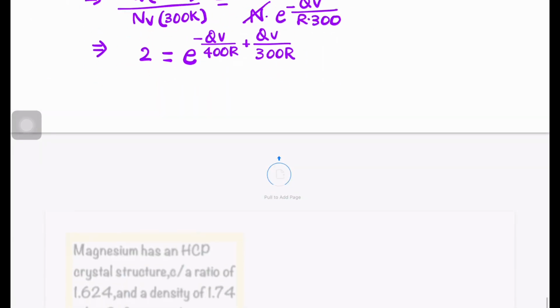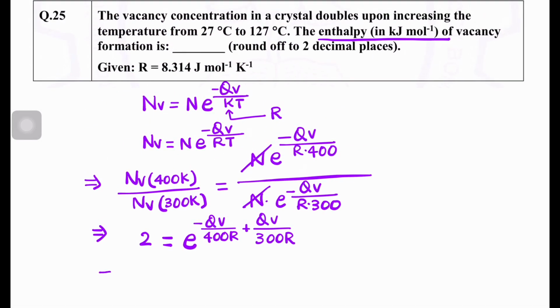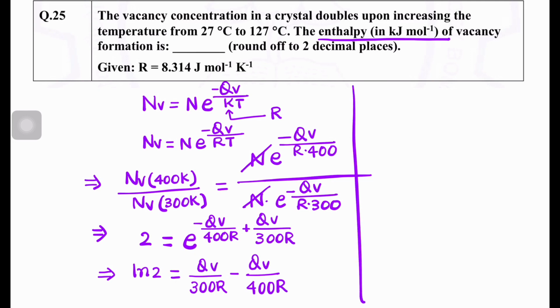If you take natural log on both sides, then it will become ln2 equal to QV by 300R minus QV by 400R. Now if you proceed further, ln2 is 0.693.